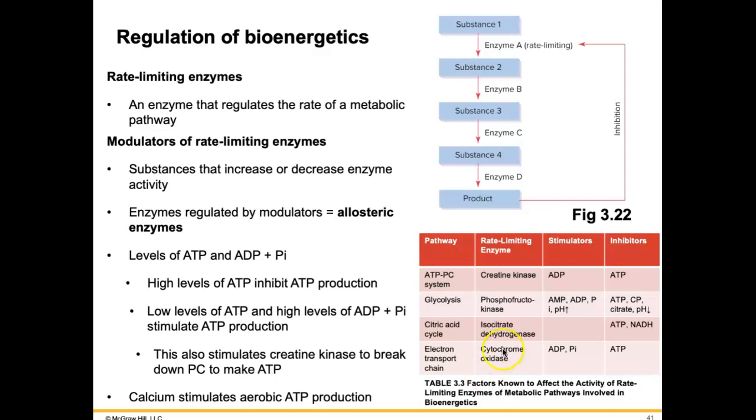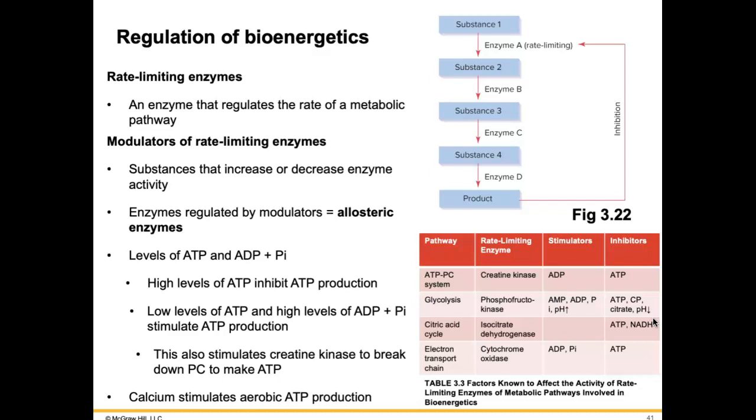So our next example is through the pathway of glycolysis using our rate-limiting enzyme, phosphofructokinase. We didn't go into detail as far as the enzymes that were used in glycolysis, but just know that it's an enzyme that is used in the beginning of glycolysis.